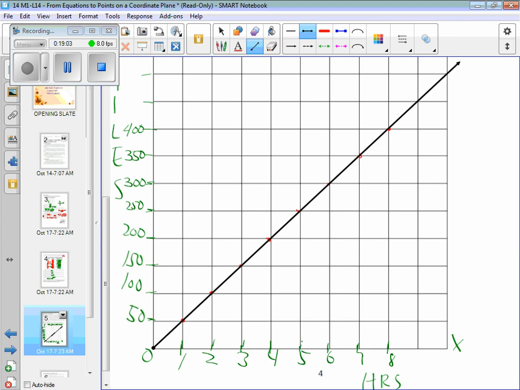How many miles at 2 hours and 45 minutes? Tricky. It's another one of those where you're going to wind up with a half or a decimal. 2 hours and 45 minutes.